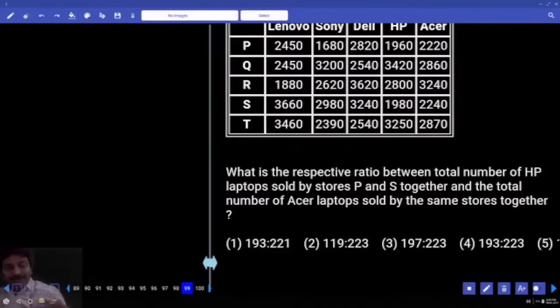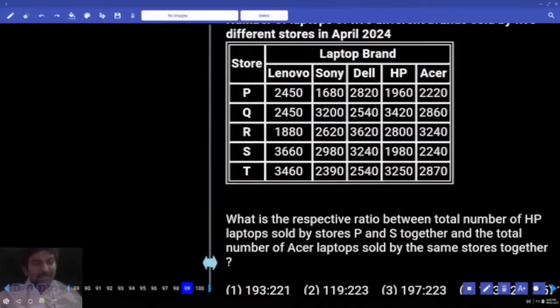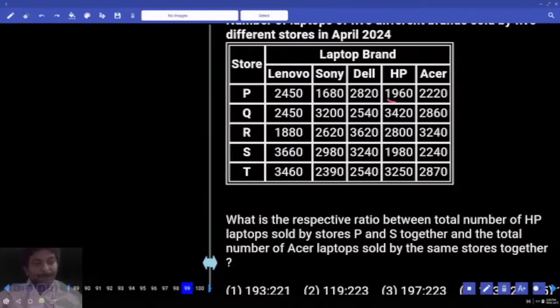What is the respective ratio between total number of HP laptops sold by P and S together? HP, P and S. To make the first number round figure, how much is required? 40. Second number 20. Let us assume we added 60. Then it becomes 4000. Now subtract 60, 3940.